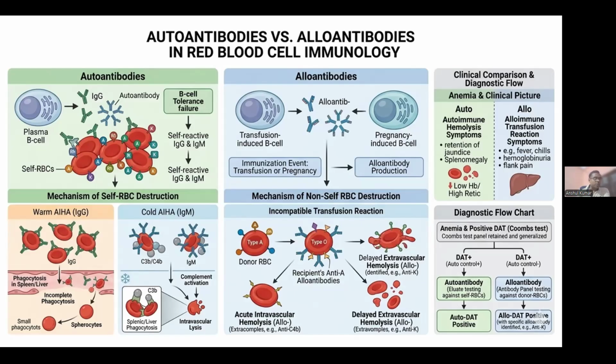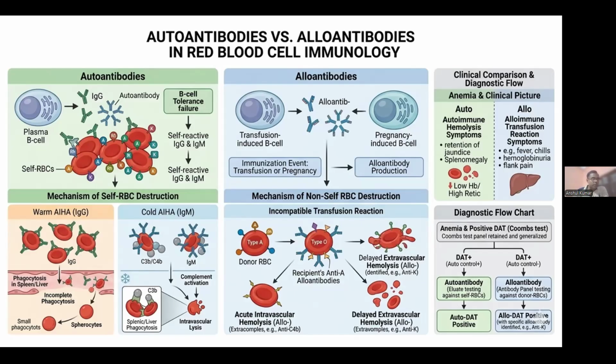This intervention significantly reduces the risk of alloimmunization in future pregnancies. So RhIG is one of the most important preventive measures which prevents such feto-maternal hemorrhage.